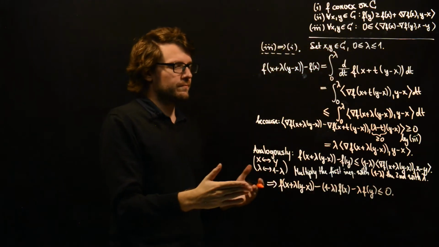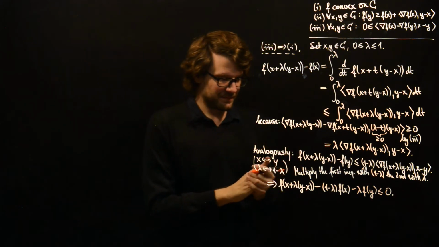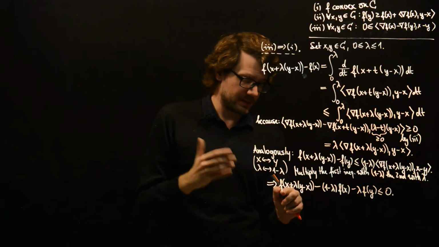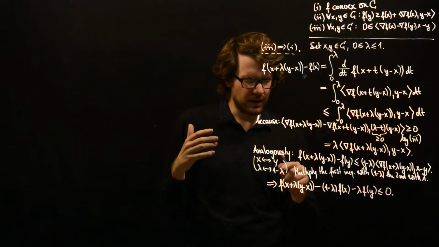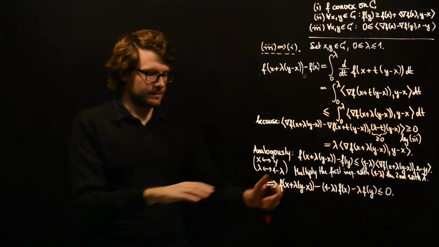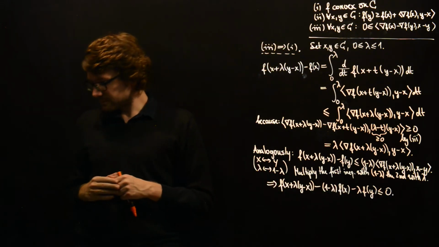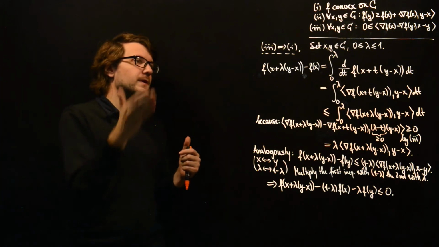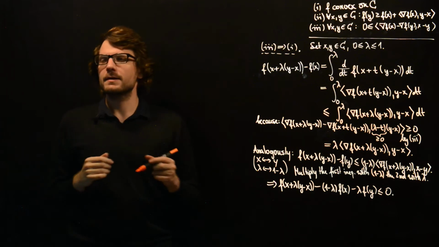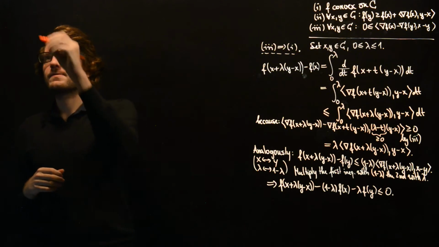And this proves the convexity of f on C, because x plus lambda y minus x is 1 minus lambda x plus lambda y. And this is exactly the convexity. Okay, so now we have shown the theorem for once differentiable functions, where we only have gradients. So let's now move on to the next theorem.